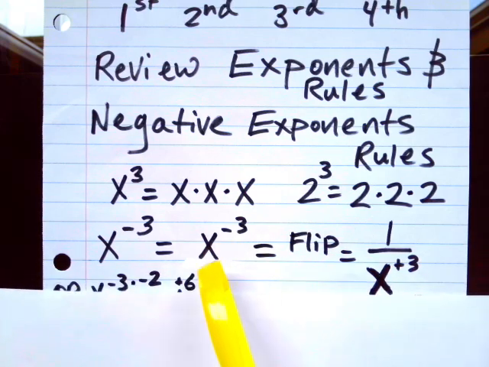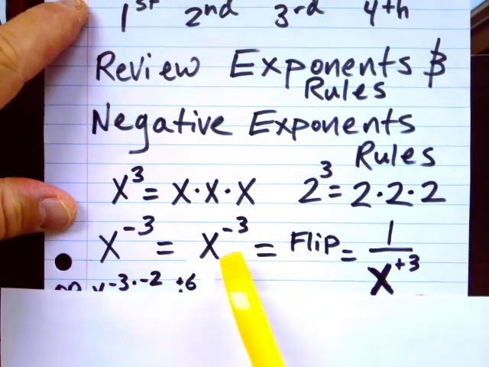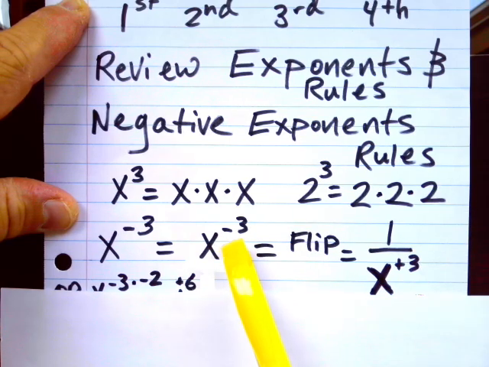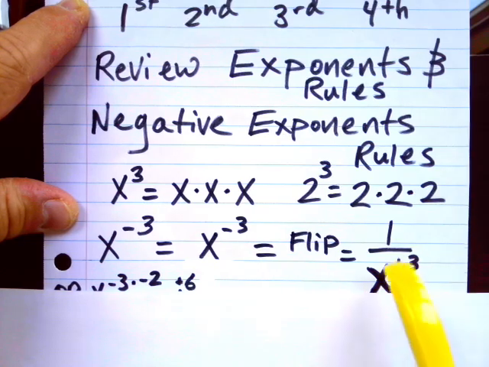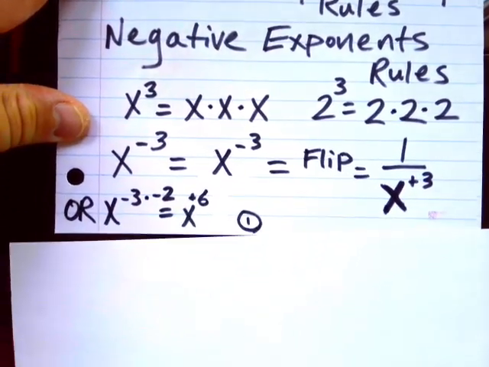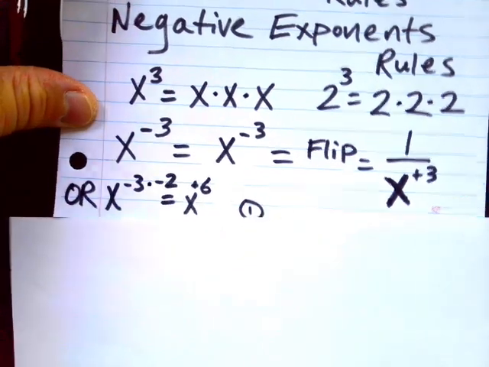So this is really x over the invisible 1. Check out my invisible 1 videos if you need to review that. So in order to turn that exponential positive, you flip it. The 1 goes on top. X to the positive third power is now in the denominator's place, right?